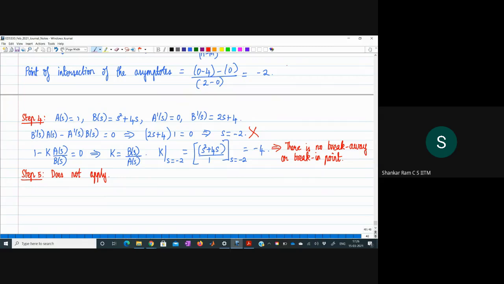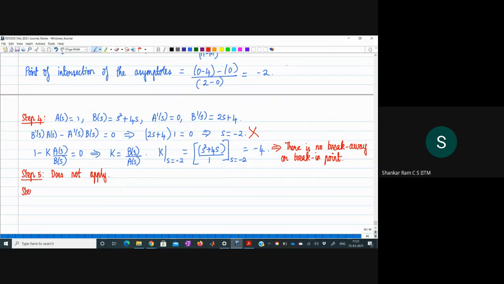Angle of departure and angle of arrival are meaningful only when we have complex open loop poles and complex open loop zeros. Since we do not have them in this problem, that step no longer applies. So that is something we need to remember. So step 5 does not apply, and we go ahead to step 6.